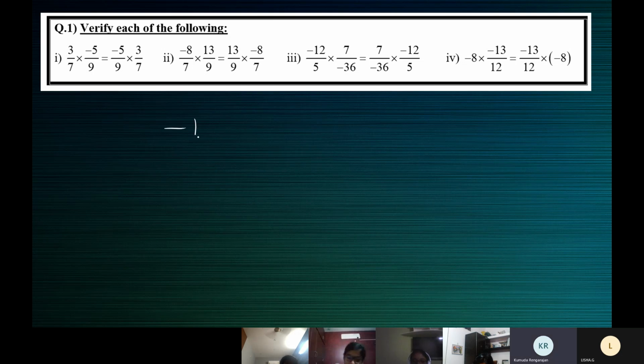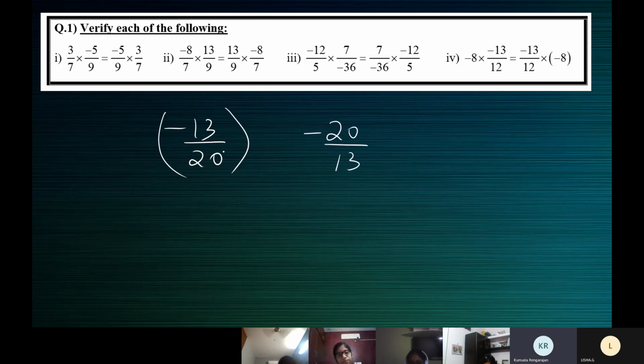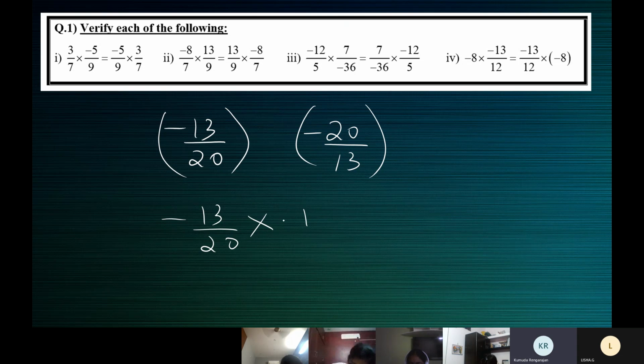Now what's the reciprocal of minus 13 by 20? Minus 20 by 13, ma'am. Yeah, so we say that the reciprocal, or the multiplicative inverse, of minus 13 by 20 is minus 20 by 13, because when we multiply the given rational number and its multiplicative inverse, the product is 1. They get cancelled like this.